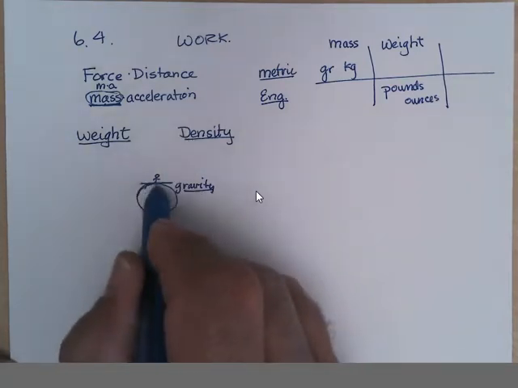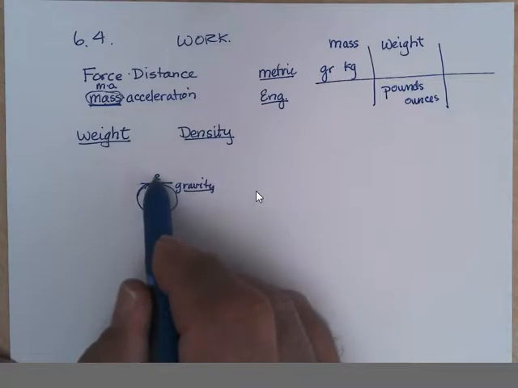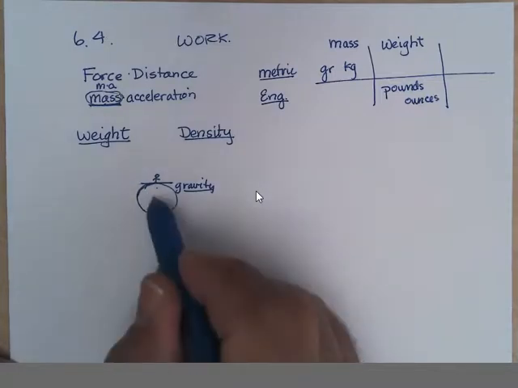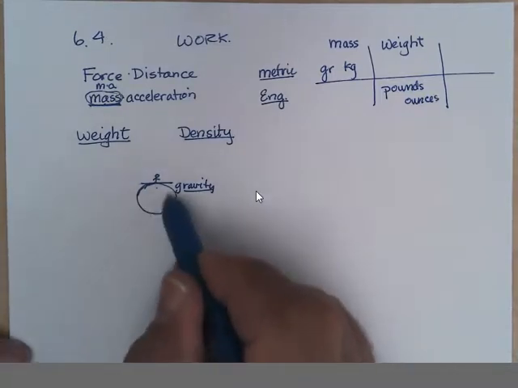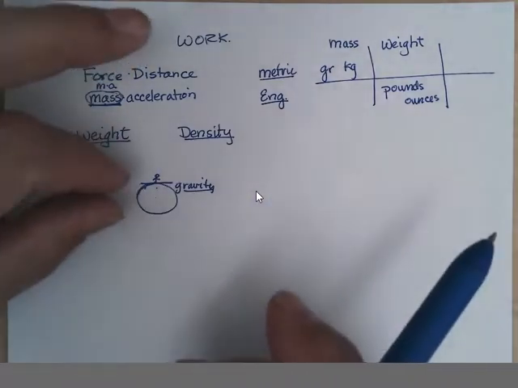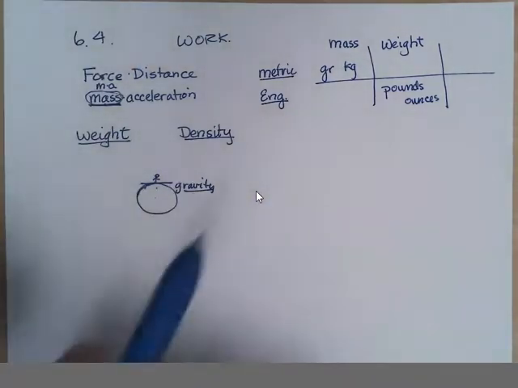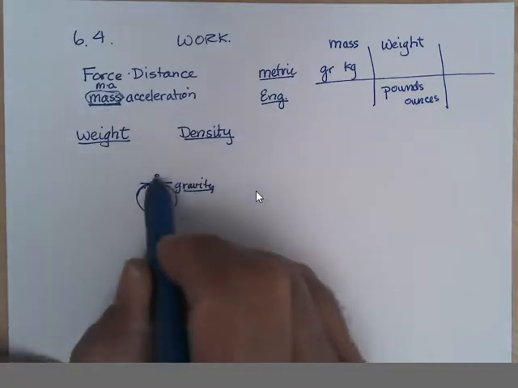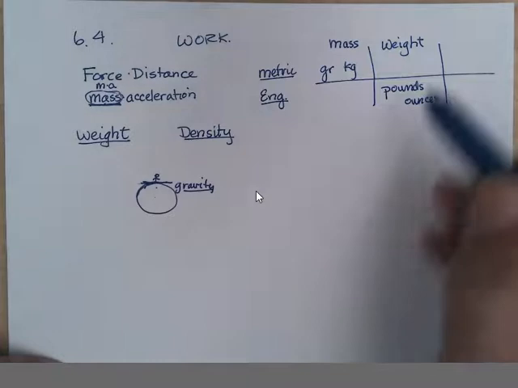You could put a scale in here and measure how hard gravity's pulling you towards its mass, how much the Earth's mass and your mass are attracted. The scale holds you apart. That force of attraction, that pull, is called weight.